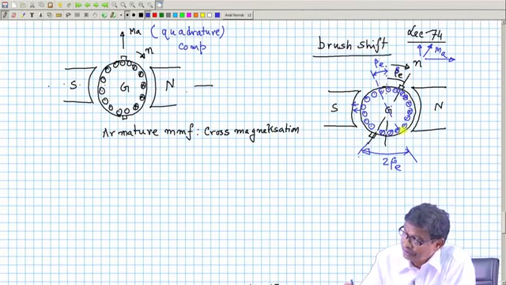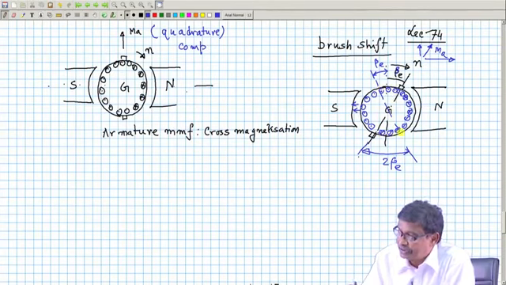Forget about this one; these conductors, cross cross cross, dot dot dot, span 2 beta E here, 2 beta E here.